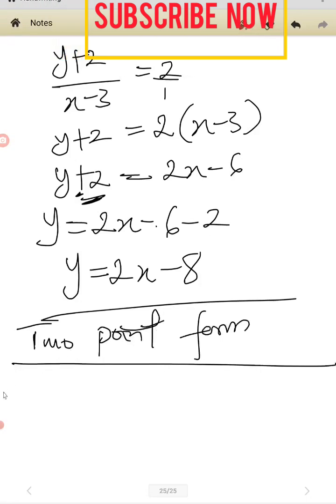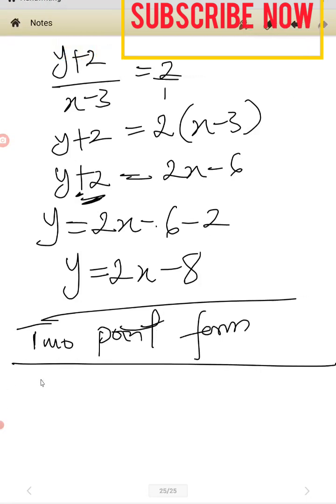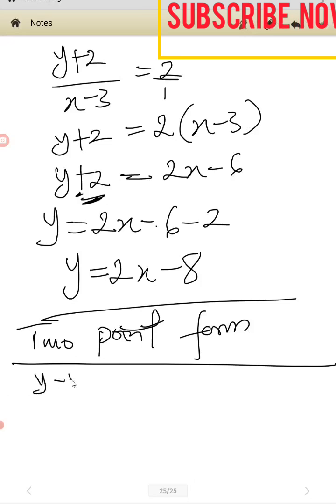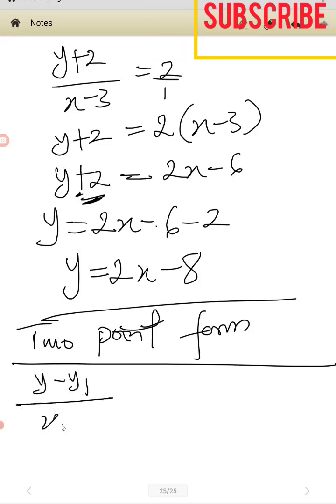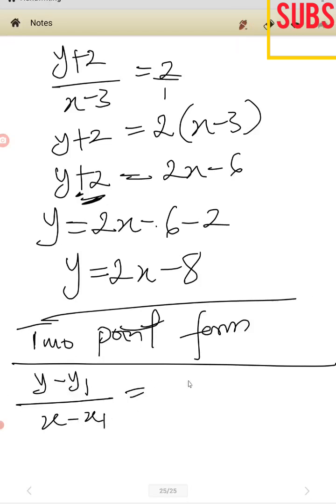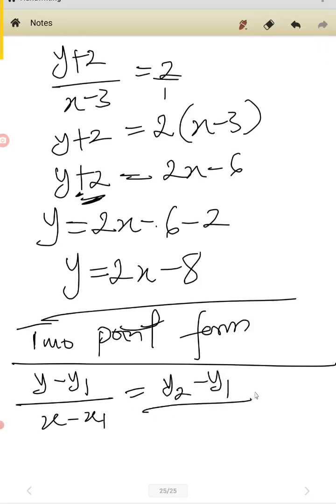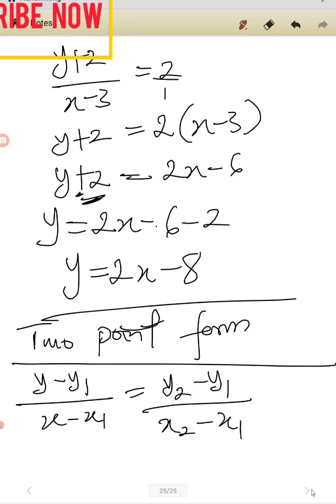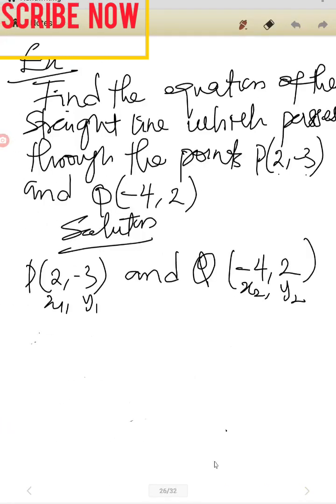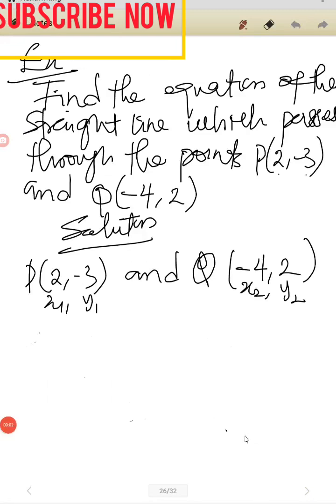It means that (y minus y1) over (x minus x1) equals the gradient, which you just have to find by yourself, which is (y2 minus y1) over (x2 minus x1). So let's have an example in the 2-point form.